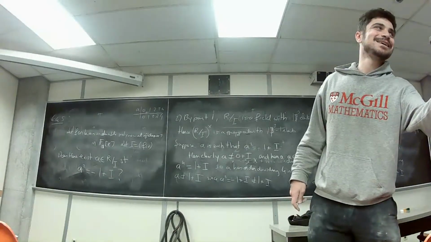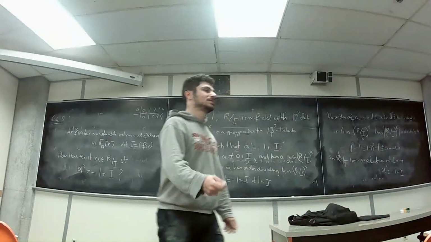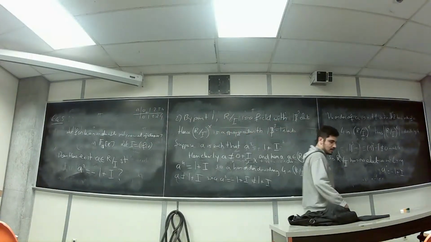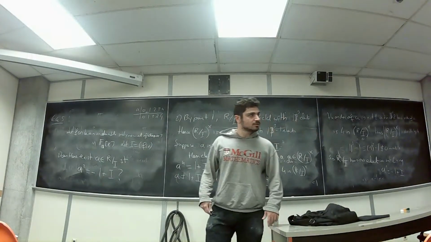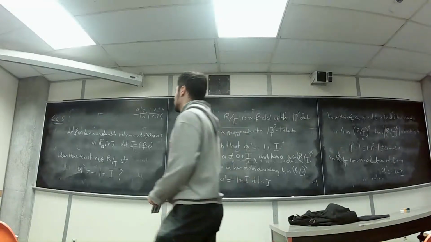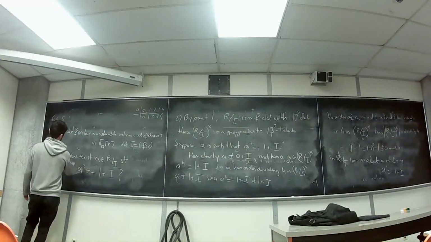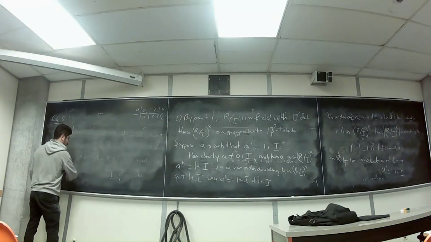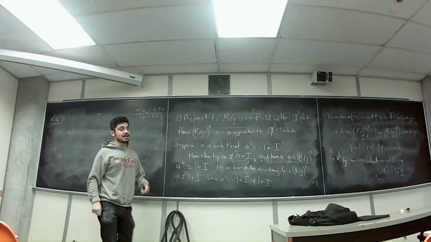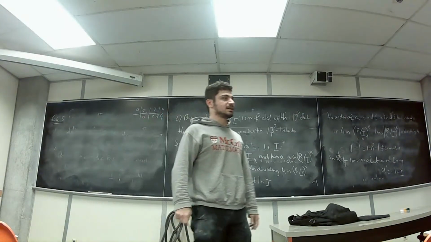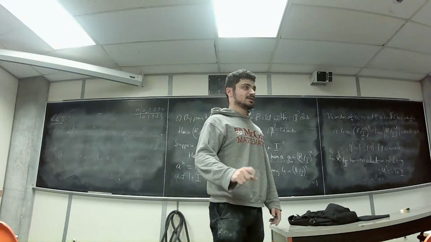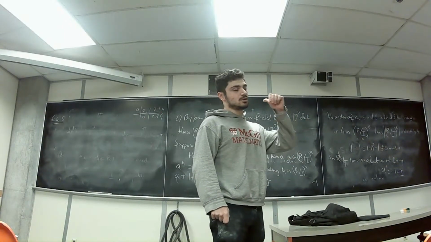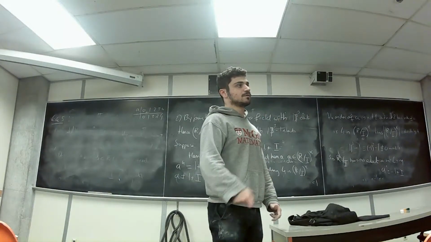But okay, so how do I find the conjugacy class of D4? That's a very good question. You have many ways to do it. What I would do first of all is use the orbit stabilizer. First, you know that the size of a conjugacy class in D4 must divide 8, because a conjugacy class is an orbit under the action of conjugation.